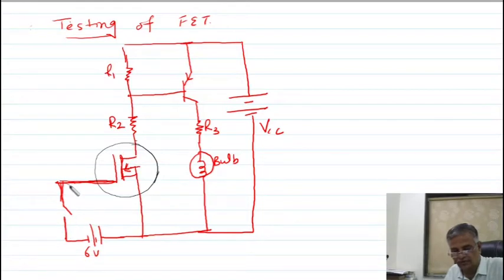When you are not giving any gate voltage to the depletion type MOSFET, it will conduct. On the basis of this prior knowledge, now look how you can say whether this is working or not from this circuit.